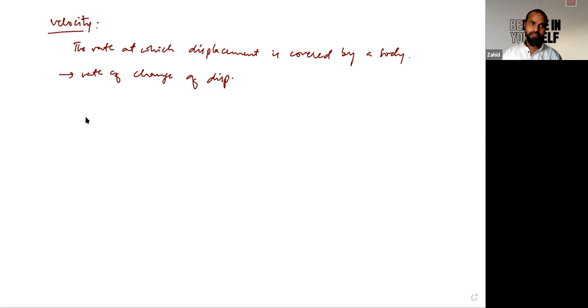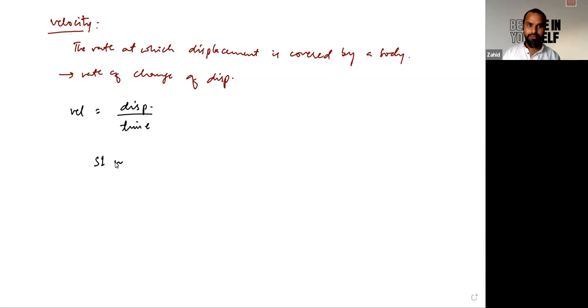So on the basis of this definition, we can write velocity is equal to displacement over time taken. Displacement is the shortest path between initial and final point. It is also a measurement of length, so its SI unit is meter, and time is measured in second.